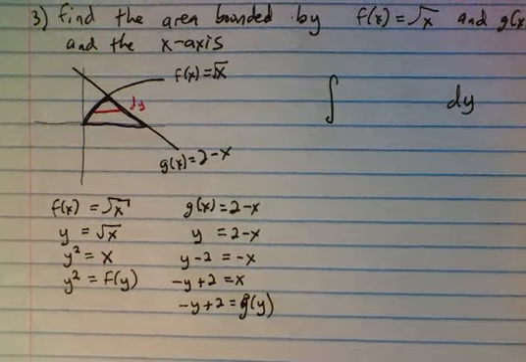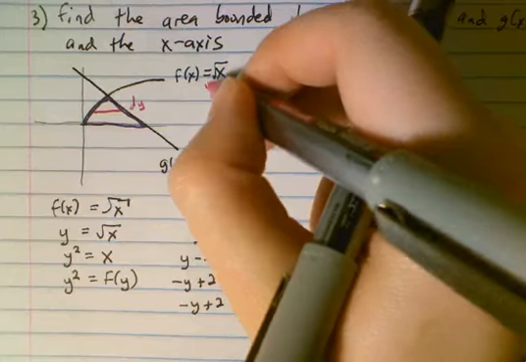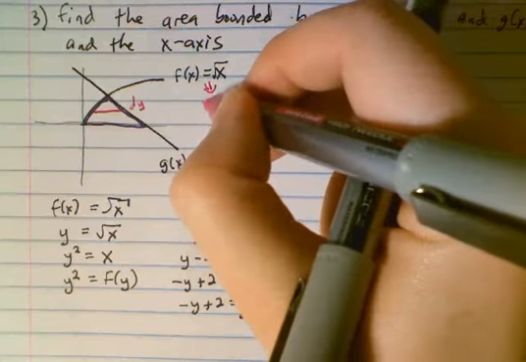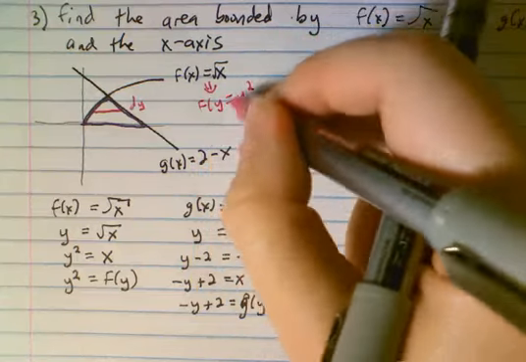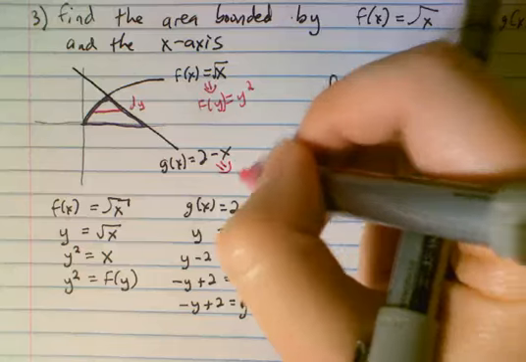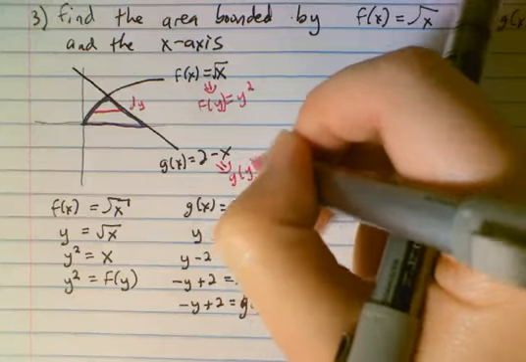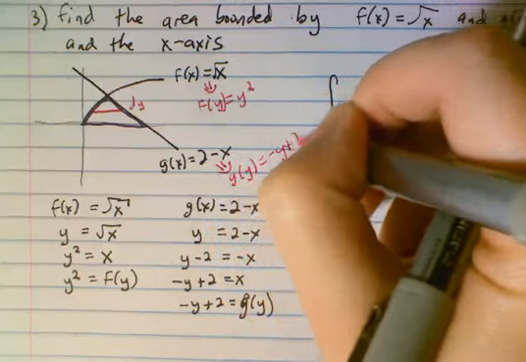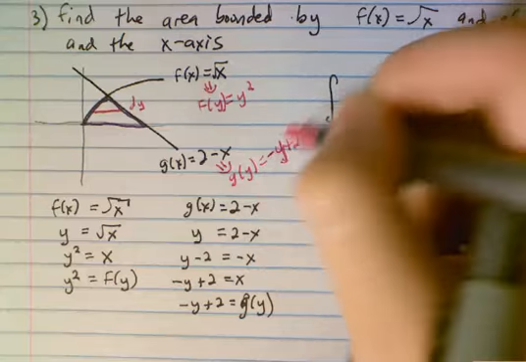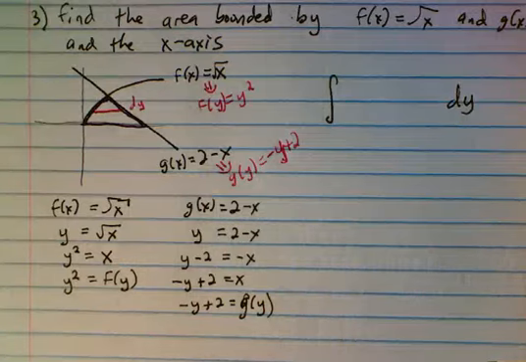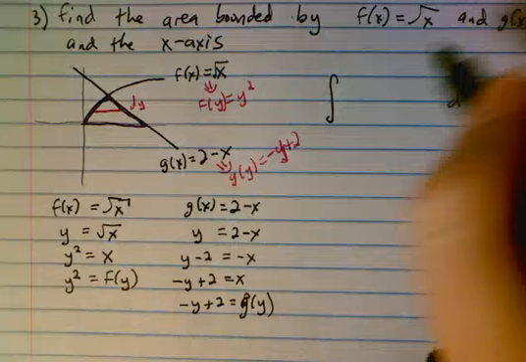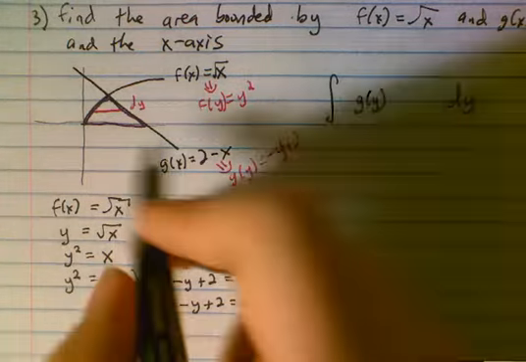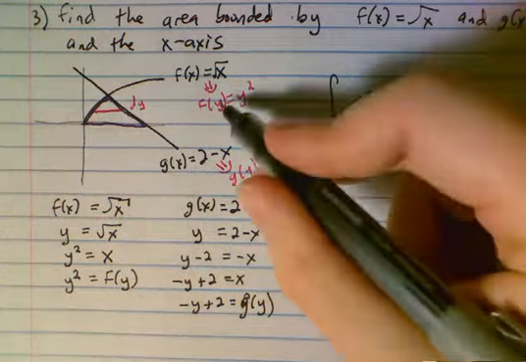So what I can do up here is I can turn this into f of y equals y squared, and I can turn this one into g of y equals negative y plus 2. Once I've done that, I can see that the right hand side is this g of y. The left hand one is this f of y.